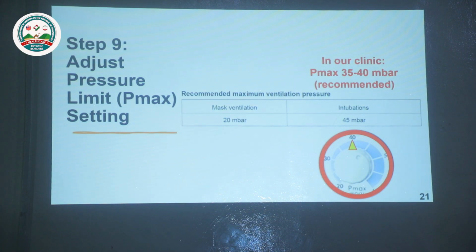And if your patient uses invasive mechanical ventilation, using an endotracheal tube, the manual says it should be set to 45, but in our clinic we usually set this pressure limit around 35 to 40.